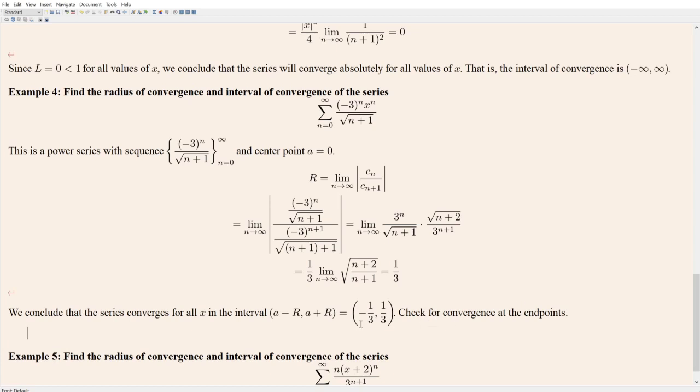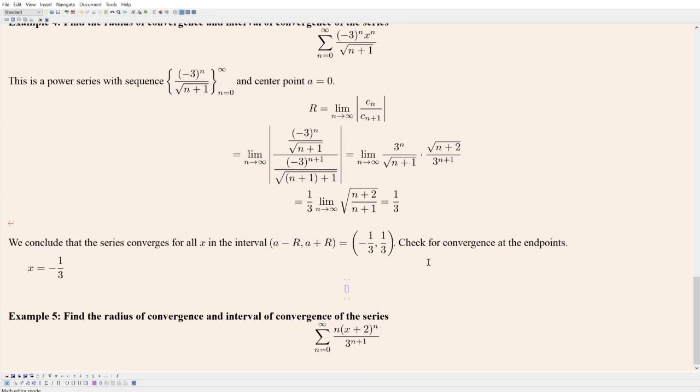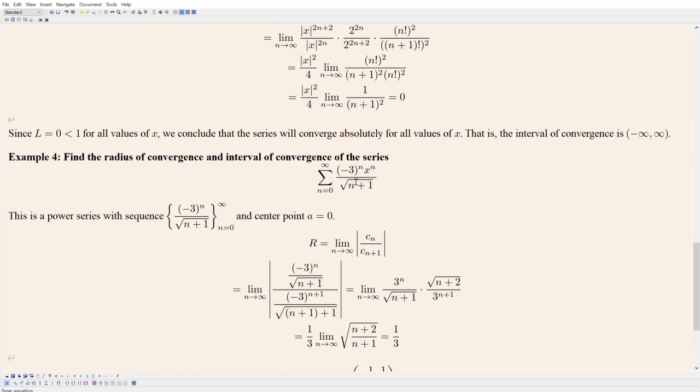So, first let's check the left endpoint. So plug in x equals negative 1/3. So here's the series.